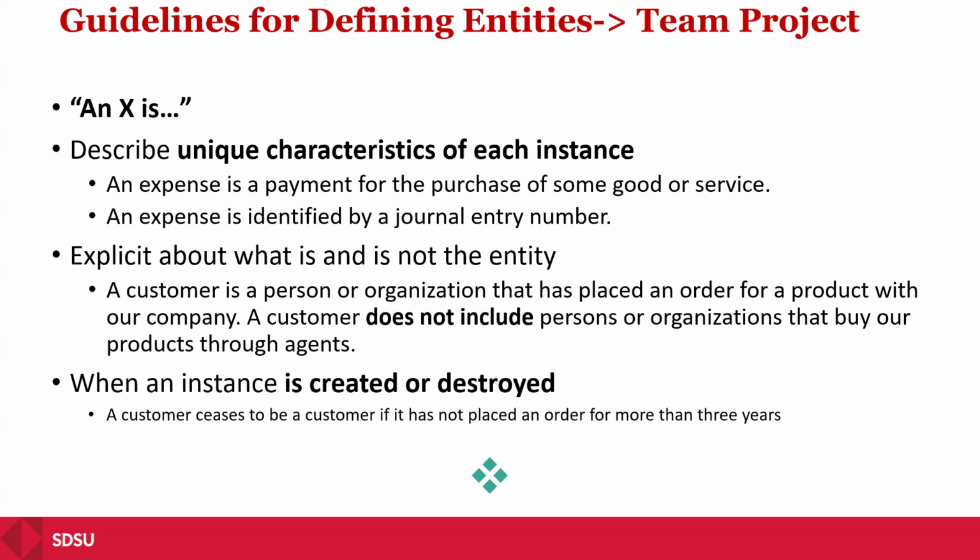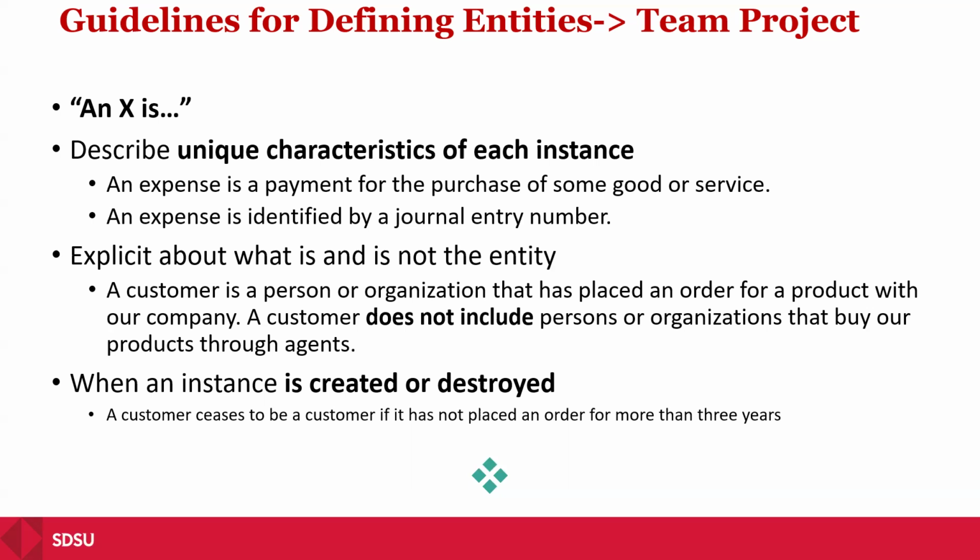Down here, we also have another example. The expense is identified by a journal entry number. That means that journal entry number is an attribute of the expense, and it's also an identifier of this expense.